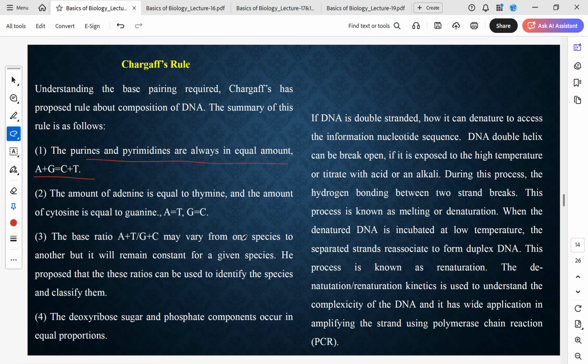The amount of adenine is always equal to the amount of thymine. The amount of cytosine is always equal to the amount of guanine.